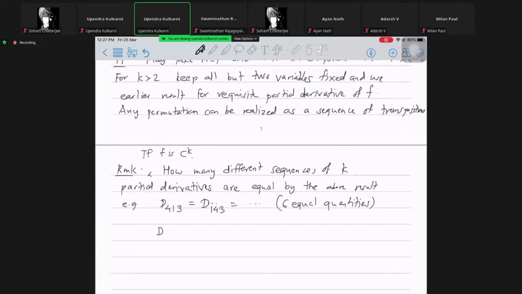But for example, if I have D41431, it is equal to how many quantities? And we can calculate this, right? So this is straightforward counting. This is 6 factorial divided by 3 factorial times 2 factorial times 1 factorial. It's a multinomial coefficient, right?